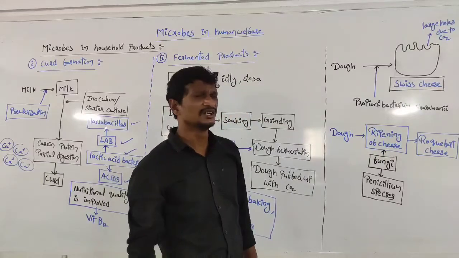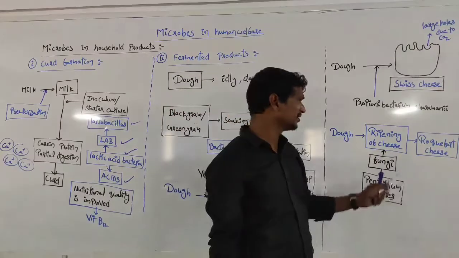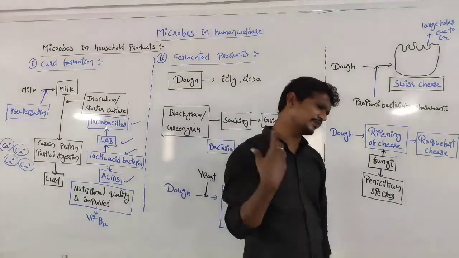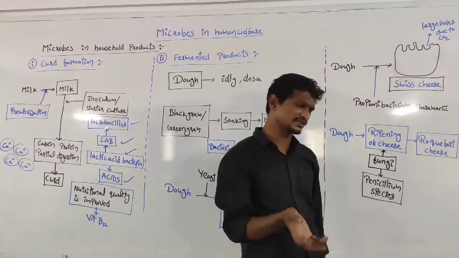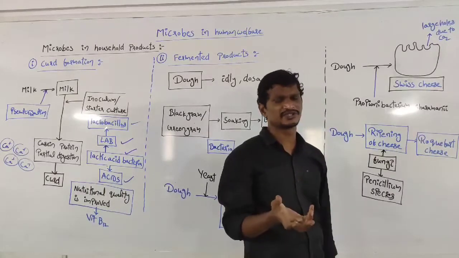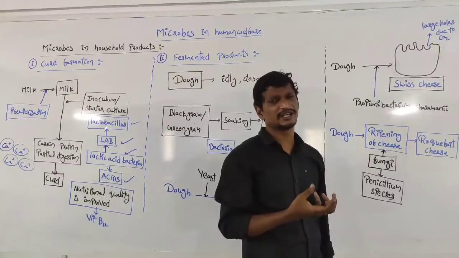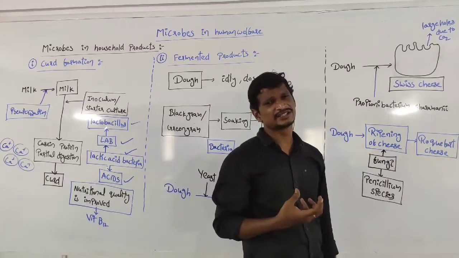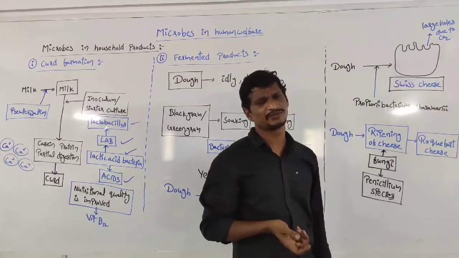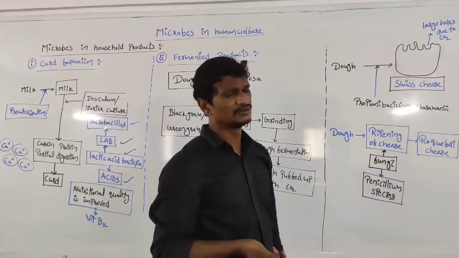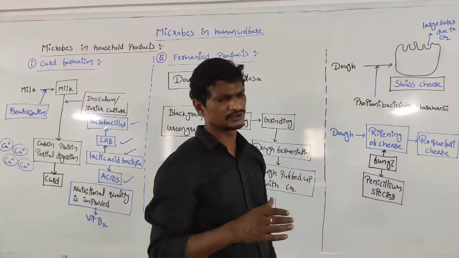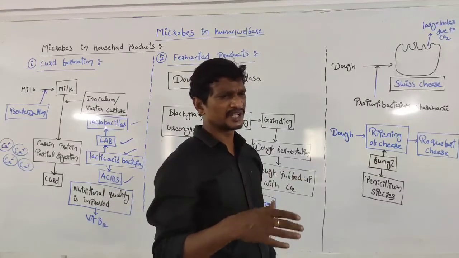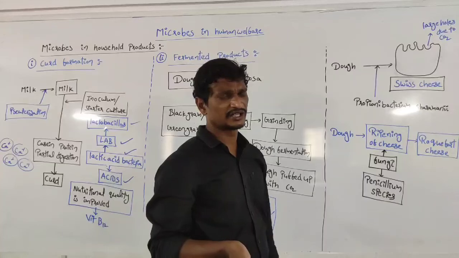Right? And coming to the next concept, the ripening of the cheese. See, after the production of the cheese, the surface is treated. The cheese surface is treated with different types of microbes or different types of ripening agents. The flavor of the cheese is altered. Suppose one of the cheeses I already produced, but I want additional flavor.